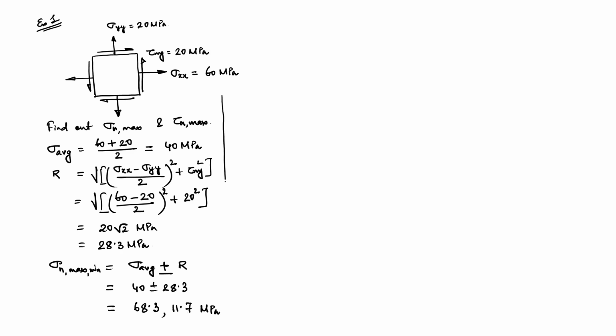Now, for this principal plane, the orientation is tan twice alpha sigma n. If you recall, we derived this expression, and it is twice tau xy divided by sigma xx minus sigma yy.